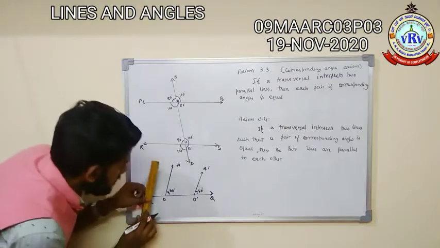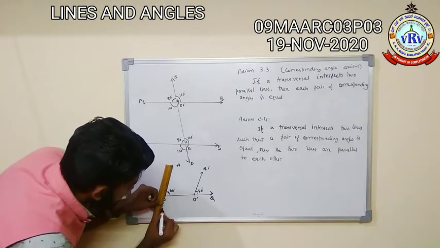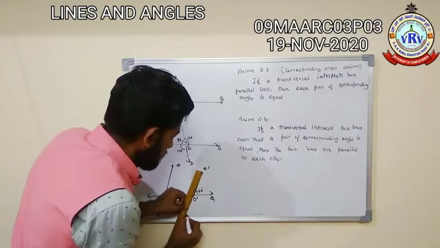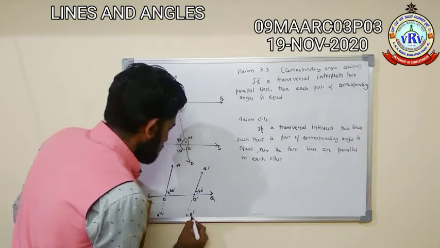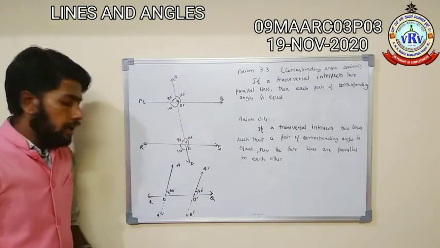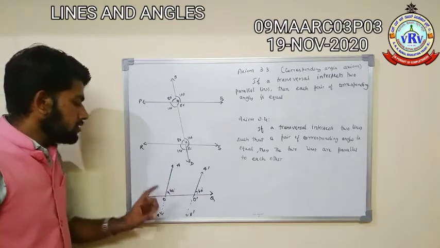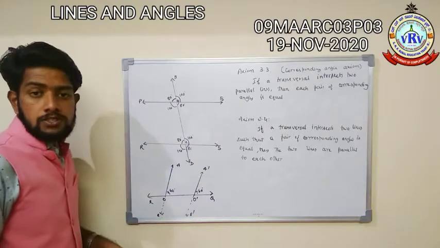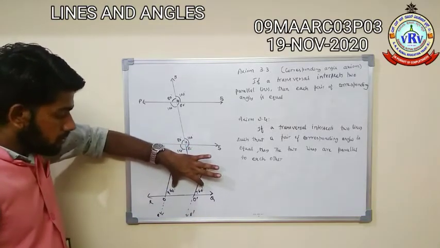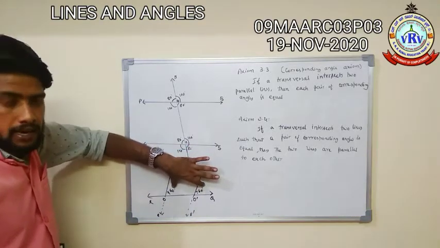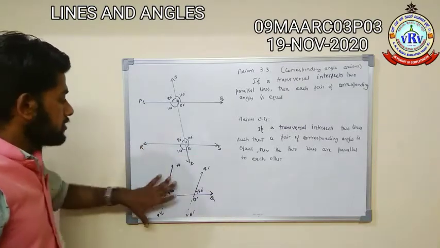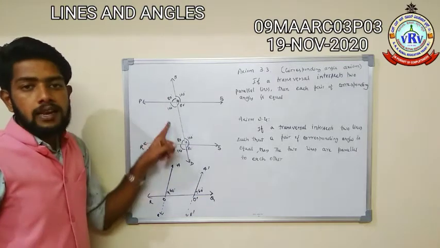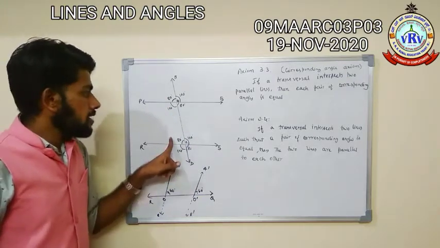If we extend this line OA till B and O'A' till O'B', and if we rotate this, you can see these two are parallel lines and one transversal passes through them, so you can observe that the corresponding angles in the parallel lines are the same. Therefore, we are getting the corresponding angles of two parallel lines and one transversal which are the same.